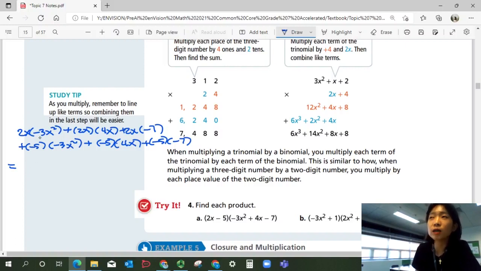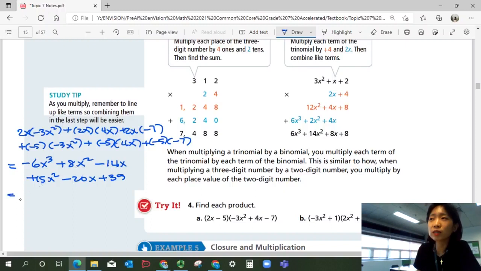Okay, the first term, negative 6x cubed, and then we have 8x squared minus 14x, and then we have plus 15x squared minus 20x plus 35. And the like terms are shown.